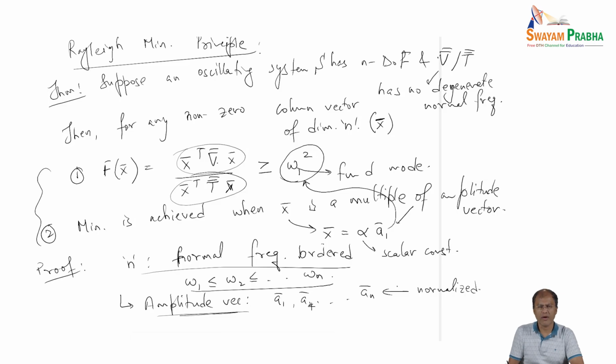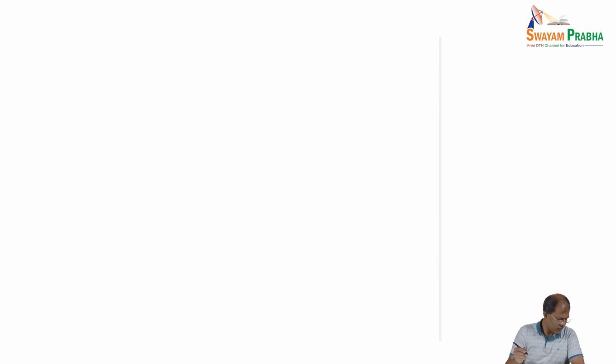Their magnitude is all 1, and these eigenvectors correspond to these frequencies omega 1, omega 2, omega n, and so on. Okay, so these aj's, which are the eigenvectors, naturally form an orthonormal basis of our n-dimensional space.